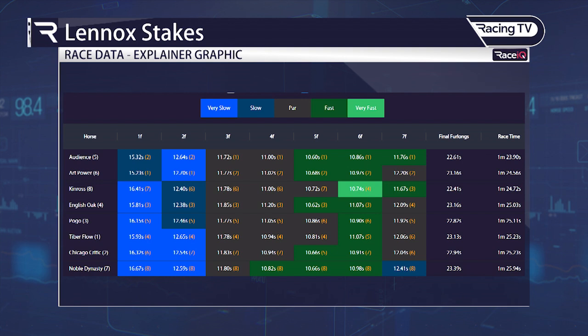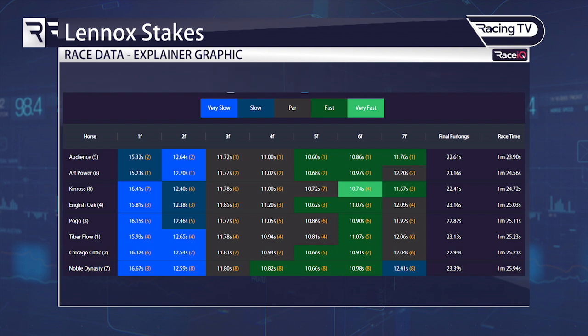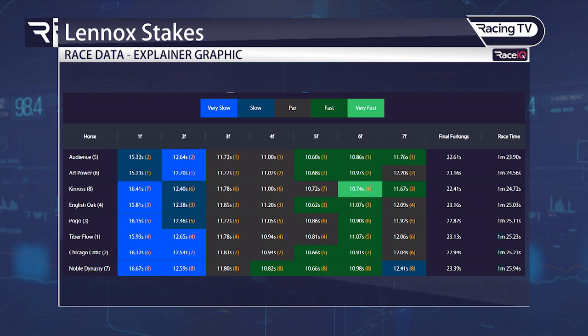But no, very slow against the pars in that second furlong, slow in the first as well, and then the next 2 furlongs were only par as well, 11.72 for Audience and 11 seconds too. So what we can derive from that is that the first 4 furlongs was quite steady. It was quite an even gallop. The first 2 furlongs slow, and then they quickened. You can see they go green at the 5 furlong point, 10.6 for the winner, 10.86 and in 11.76.